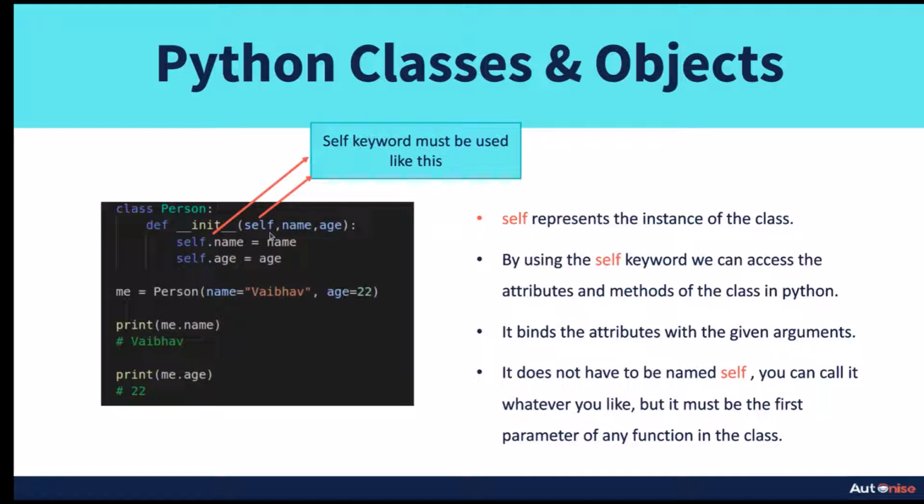It can be anything actually. It's just that it should be the first parameter inside the constructor and all the following functions which we define inside the class. But usually self is the variable name used by most people. So just remember that self is not a keyword, it's just the most popularly used variable.